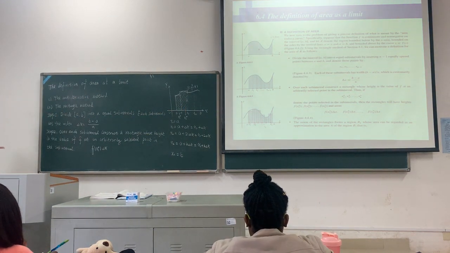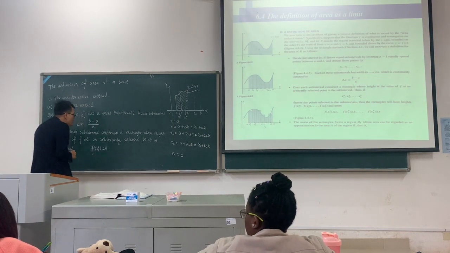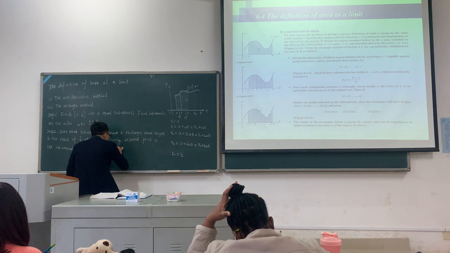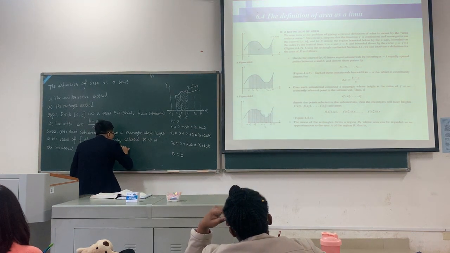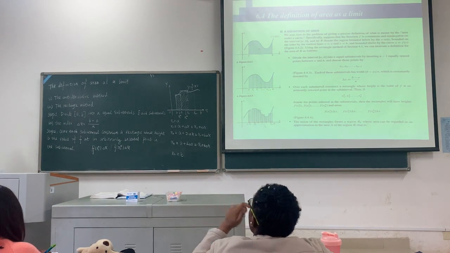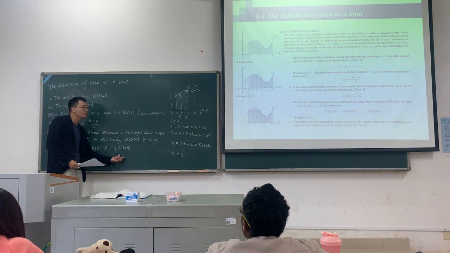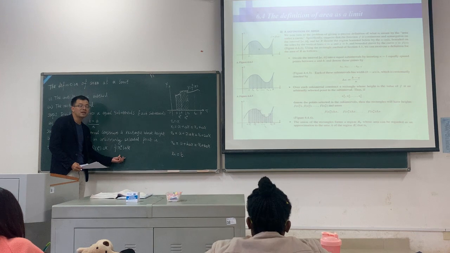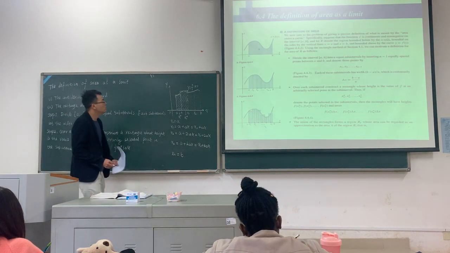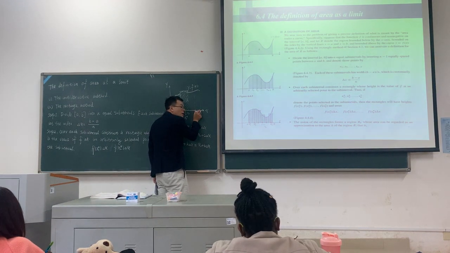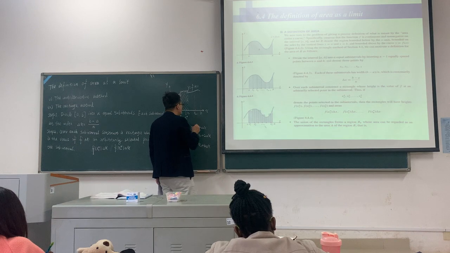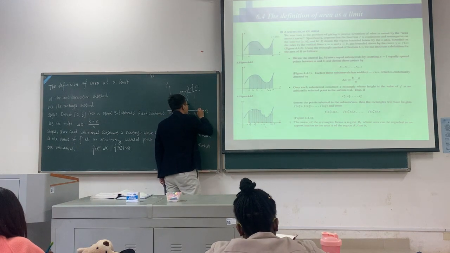So the area of the second rectangle is f of x2 star times delta x. This is the area of the second rectangle. So we do it again and again. At the last subinterval, the same: we choose a point.